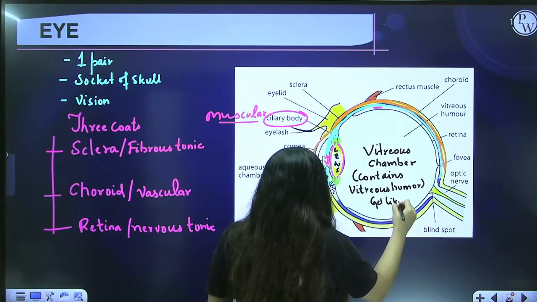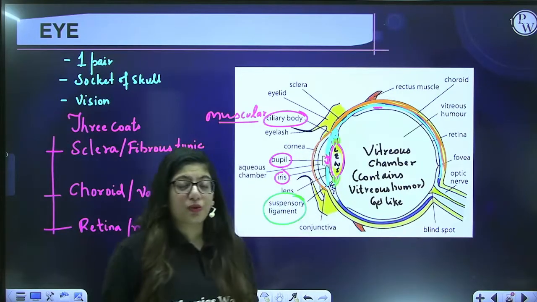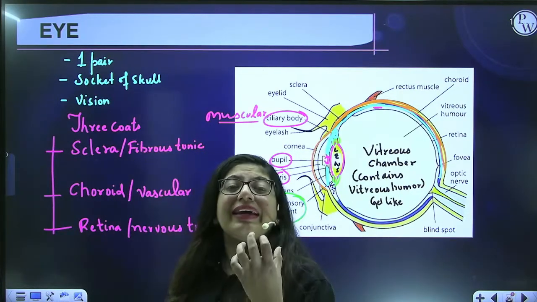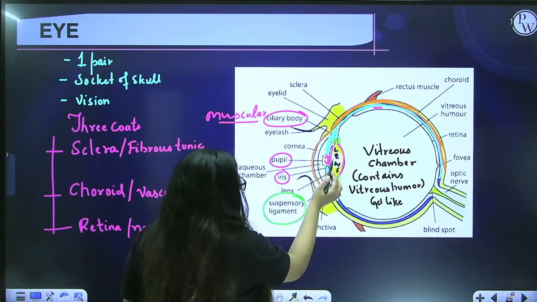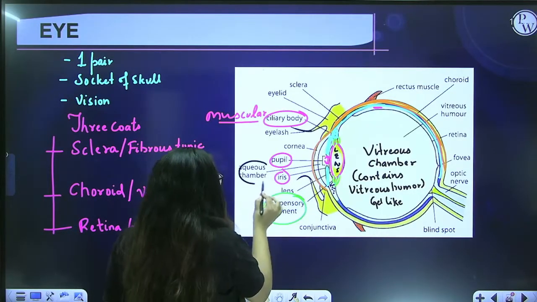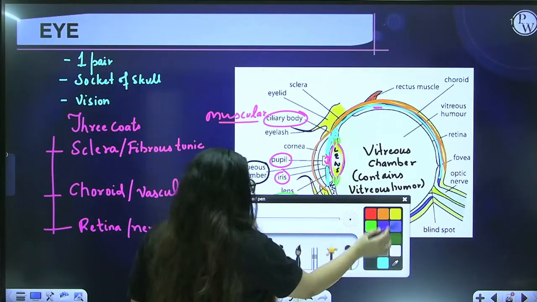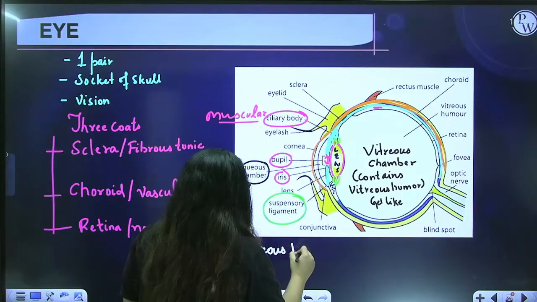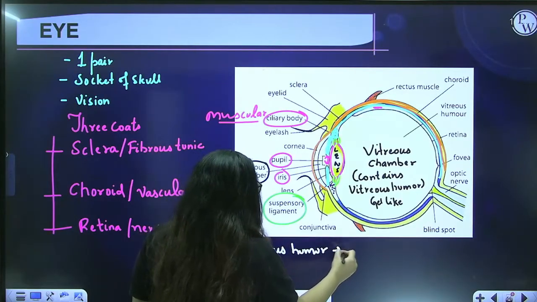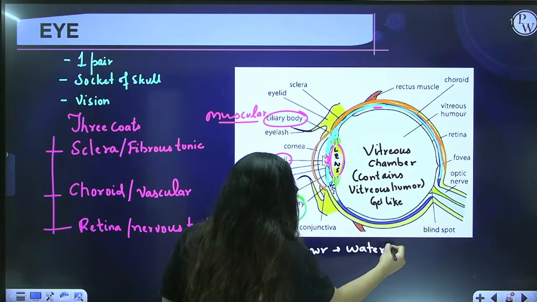The main purpose of the vitreous humor is to provide shape to the eye and keep it intact. Then there is a space between the cornea and lens, the aqueous chamber, which contains aqueous fluid or aqueous humor. The aqueous humor is a little water-like.